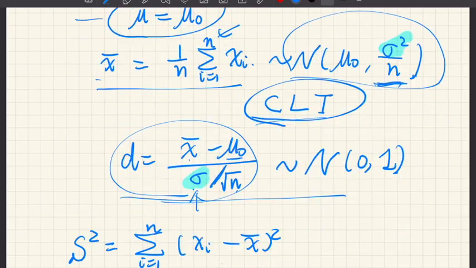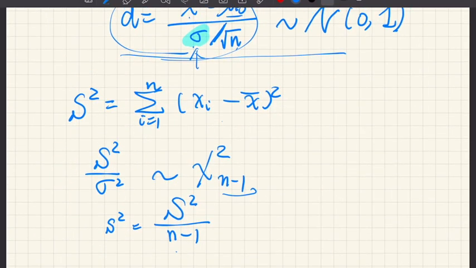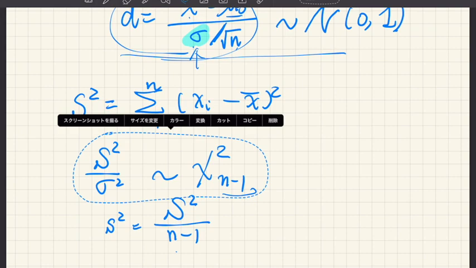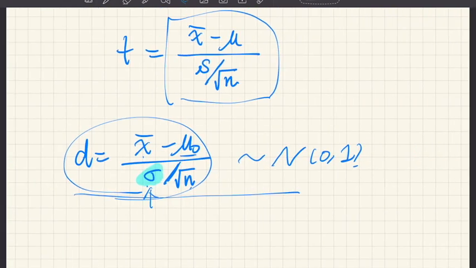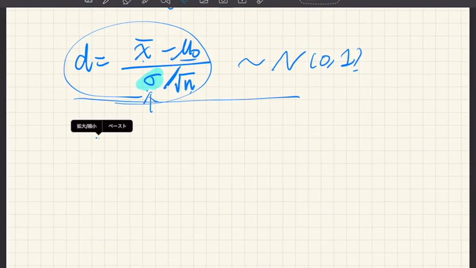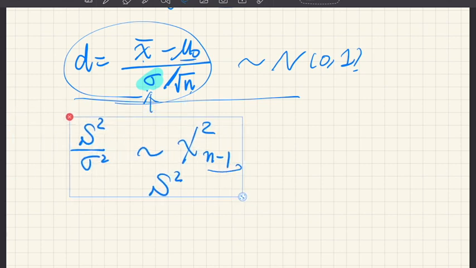On the other hand, we have this, which follows the chi-square distribution.